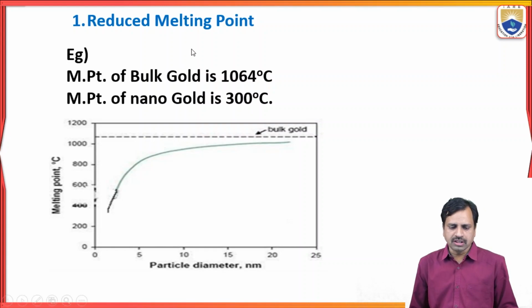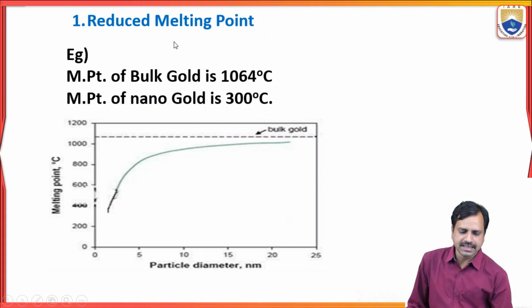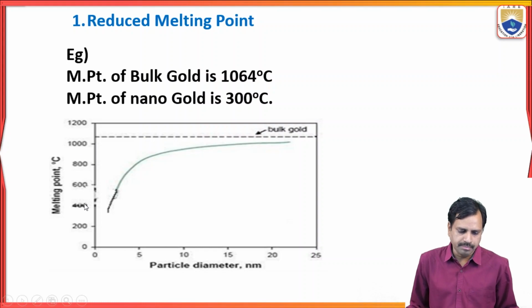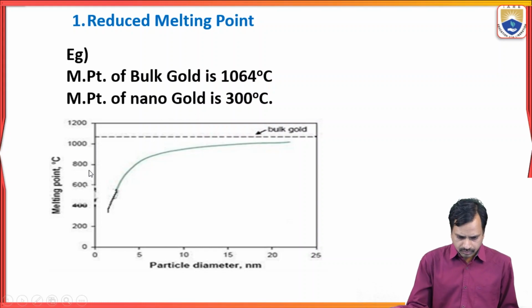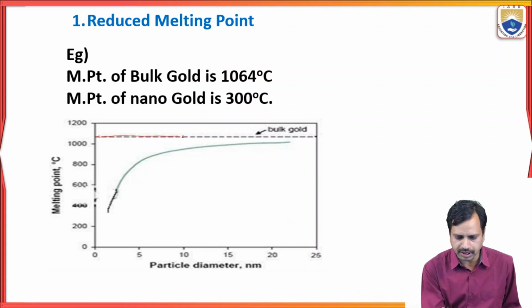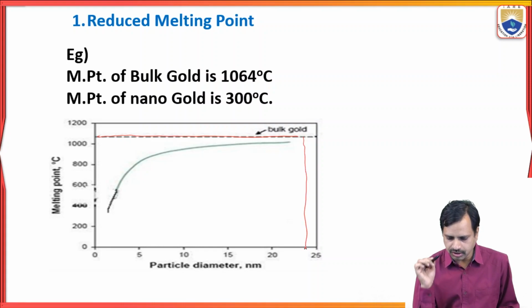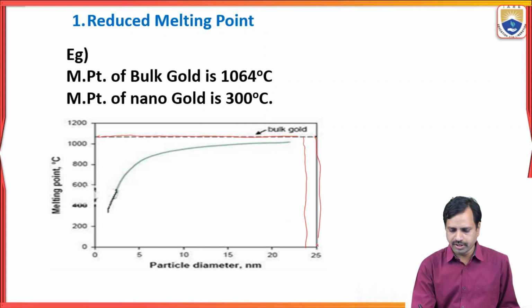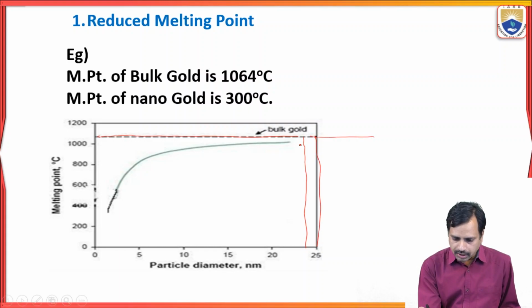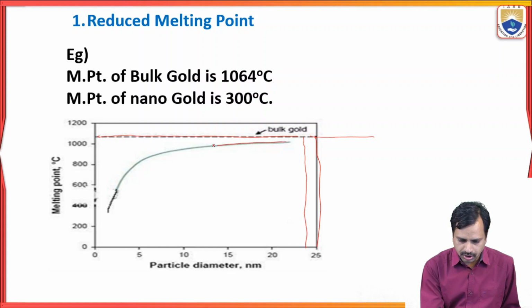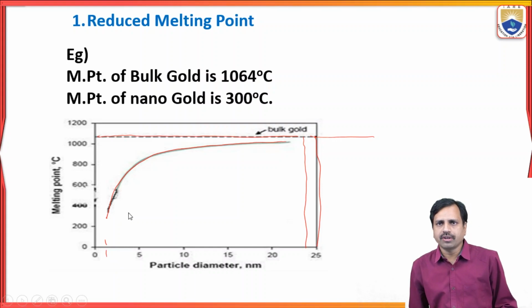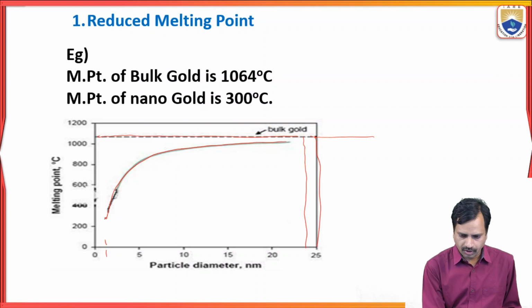We can see this graph by plotting particle diameter on the x-axis and melting point on the y-axis. Here is our gold nanoparticle melting point, but as you bring down the particle size, to almost 1 nanometer, what is happening to the melting point?